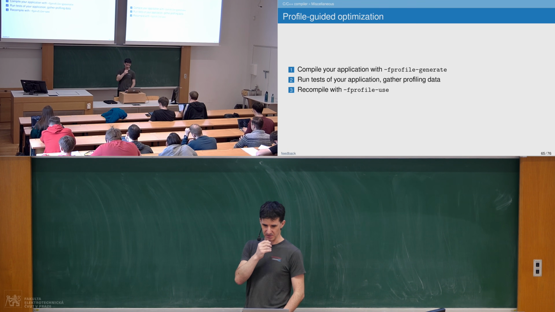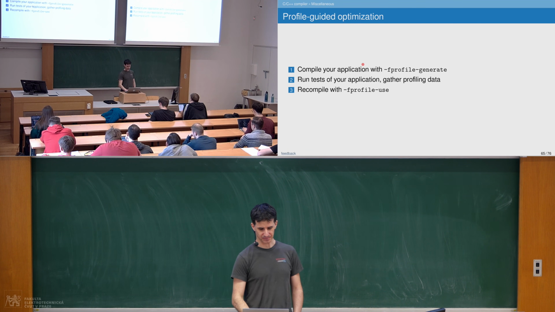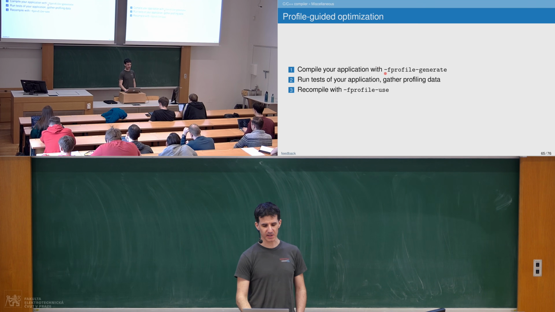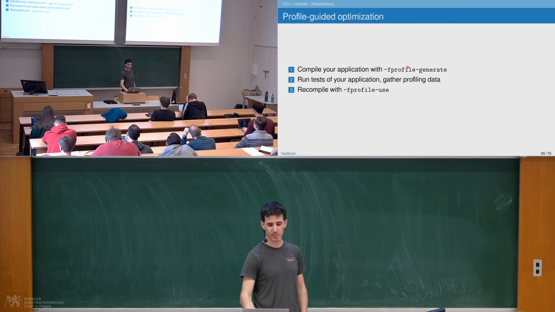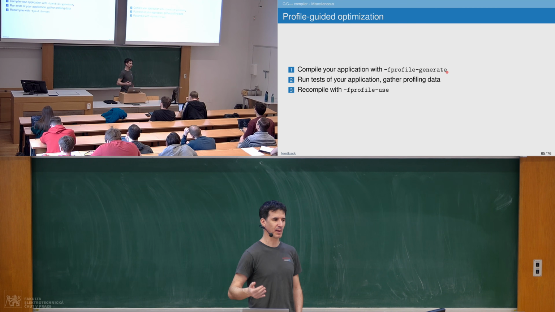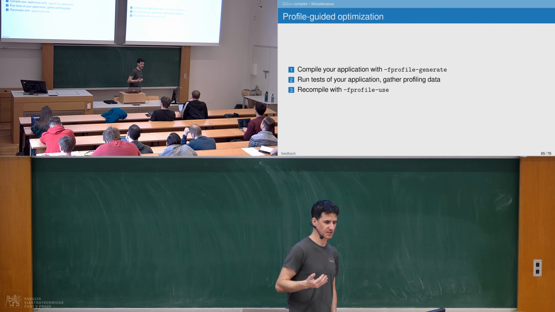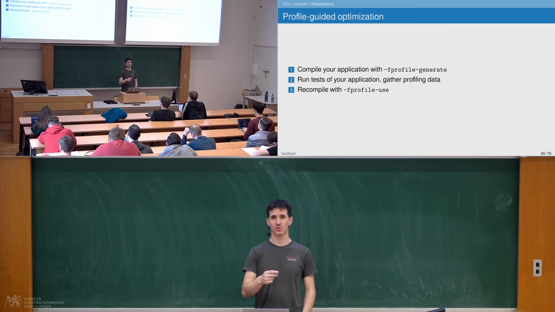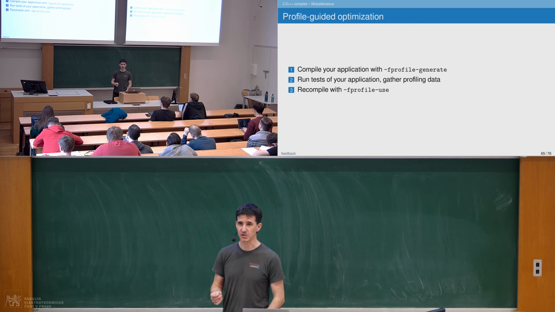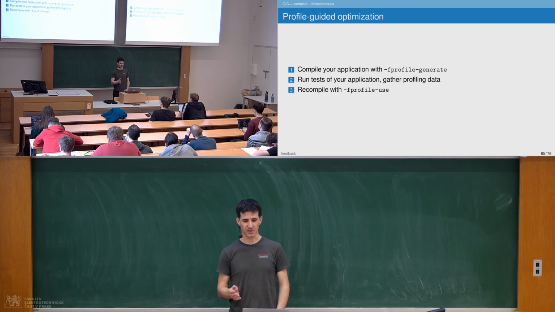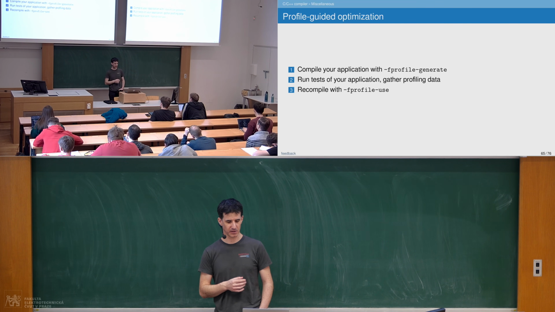With the C++ compiler, the approach is to first compile your application with a special switch, -fprofile-generate. This compiles your application in such a way that, for example, whenever there is a branch like if-else, there is an instruction which records whether the if or else branch was executed.